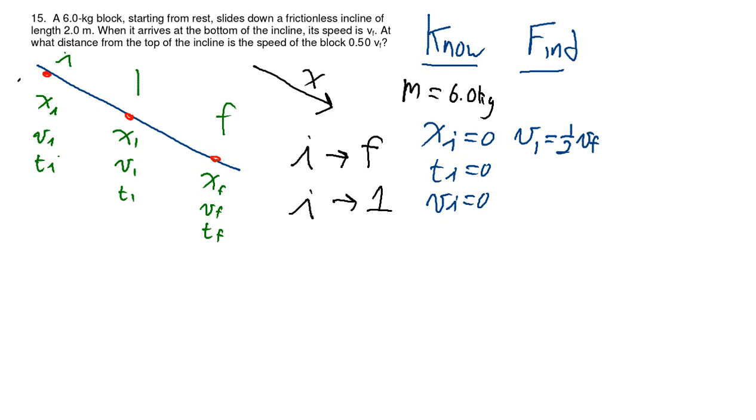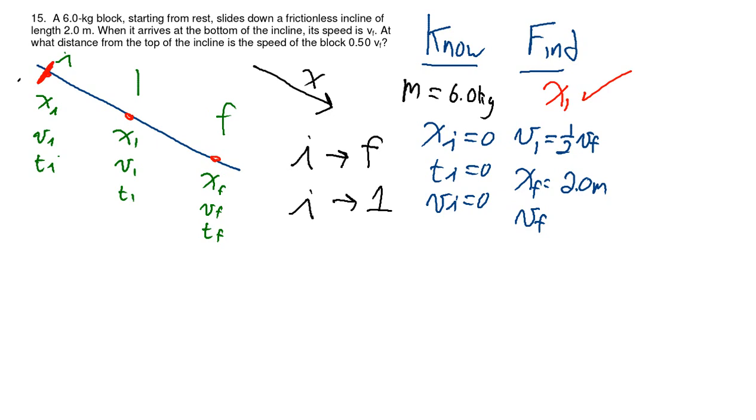That's what we were given. At point F, the final position is equal to 2 meters, and the final speed is v sub f, although we don't know that number. And we're asked to find the value of x1, the location of the block measured from the top, which is where we define the 0 of our coordinate system.